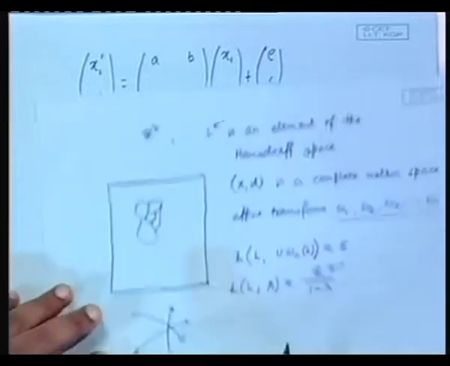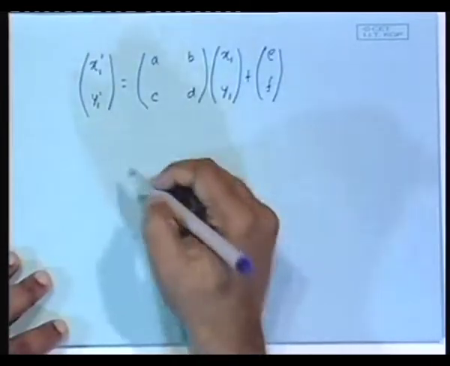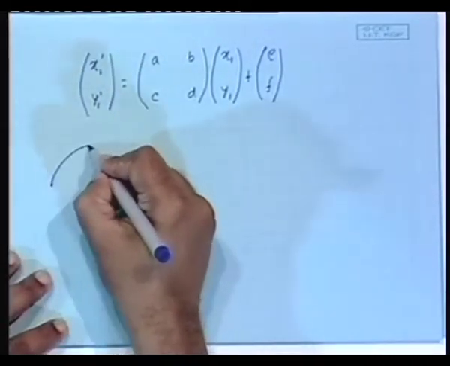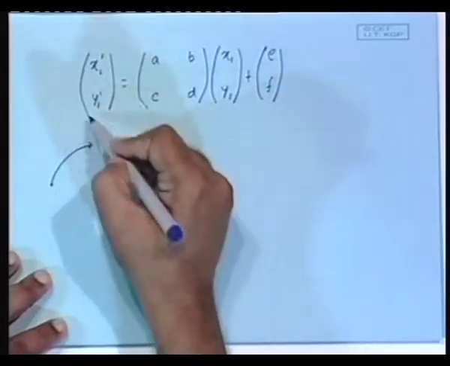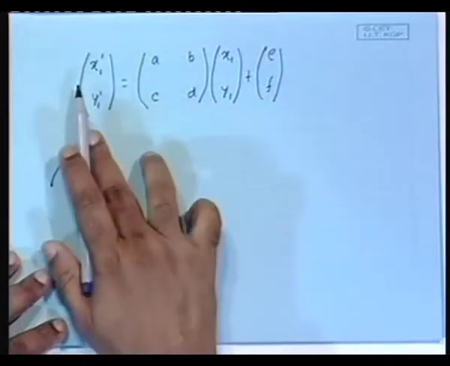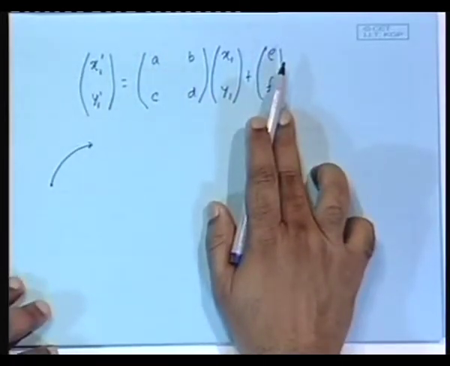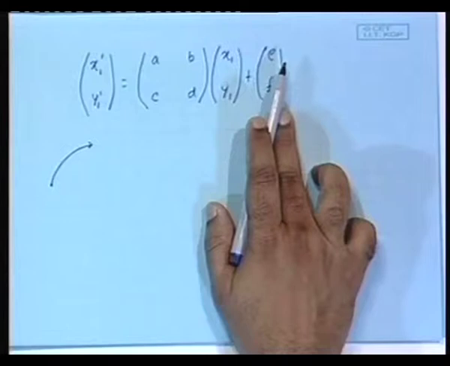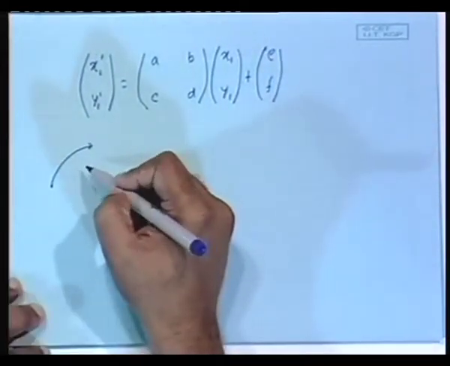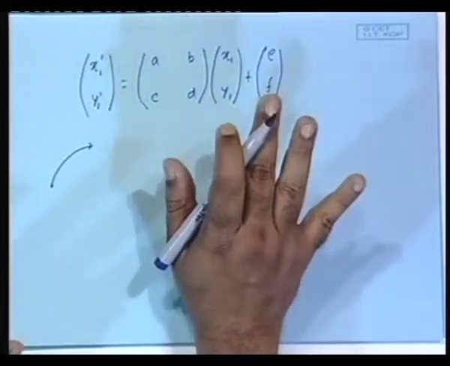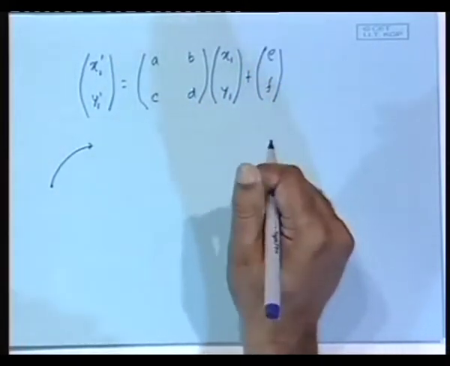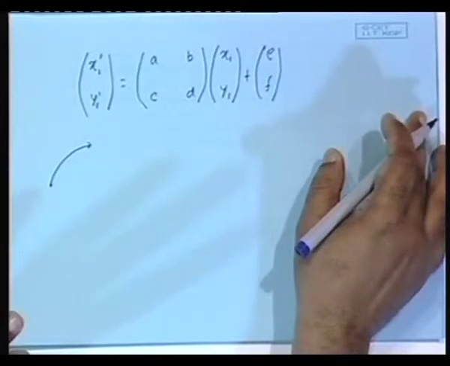For each of these transformations, if you can find out this point maps to this point, we have x1, y1 mapping to x1 dashed, y1 dashed. Therefore, if you substitute here, you get 2 equations, 6 unknowns. If you can identify 3 of these points, you get 6 equations, 6 unknowns, and that's enough. You can always find the numbers. Clear?